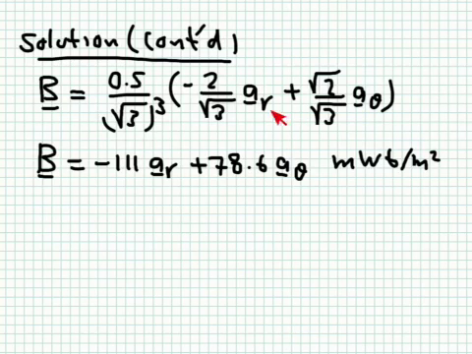Of course, ar and a theta here will depend on the current point. So they are really functions of ax, ay, and az, and you can get them as functions of ax, ay, and az using the coordinate transformations we talked about earlier. If we put everything together here, the answer is minus 111 ar plus 78.6 a theta milliwebers per meter squared. So there's a 10 to the minus 3 here.